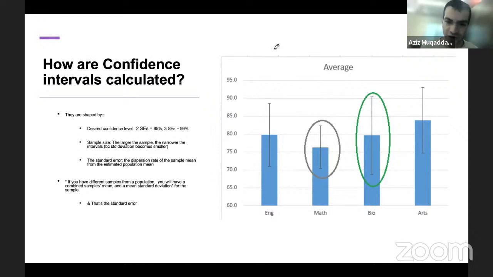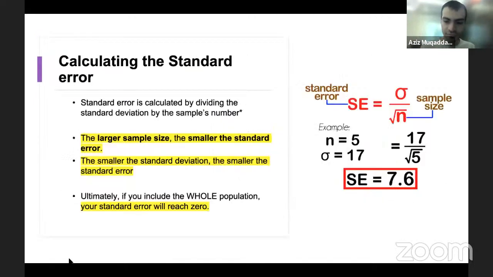We call that the standard error. This is very similar to the standard deviation, right? Because we said standard deviation is how an average score is deviating from the mean score. Standard error is basically the standard deviation of standard deviations. That is to say, how the group mean score is deviating from the population's mean score, right?